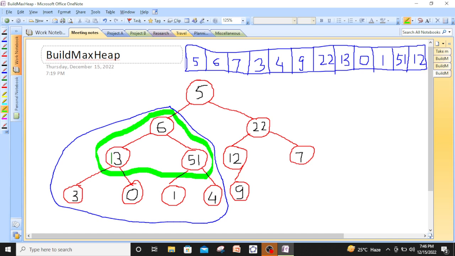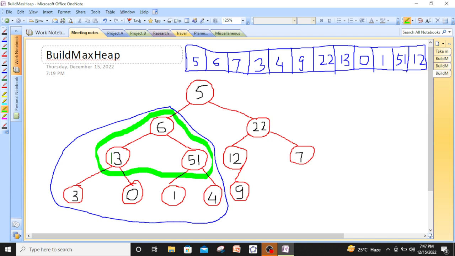You see the subset of the node, that is 6, and its children 13 and 51. And inside this we will work first inside this green enclosure.